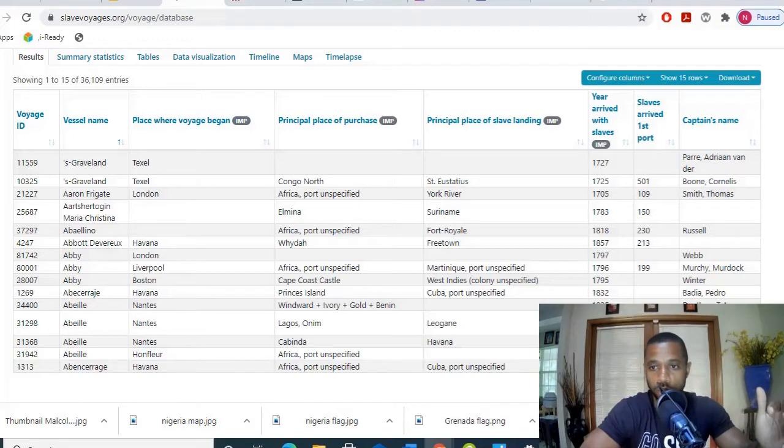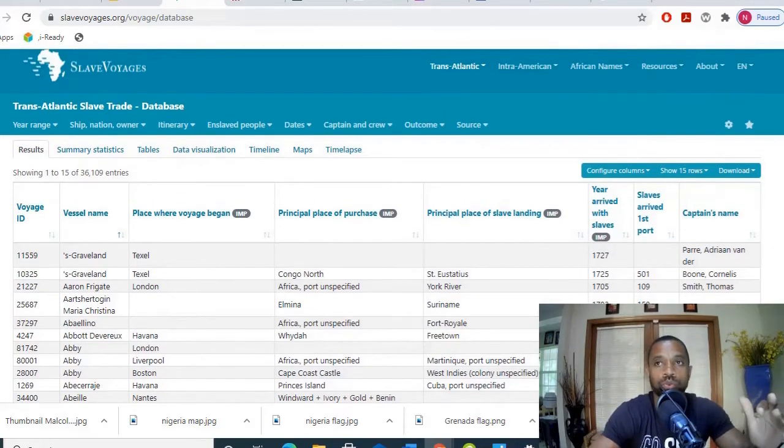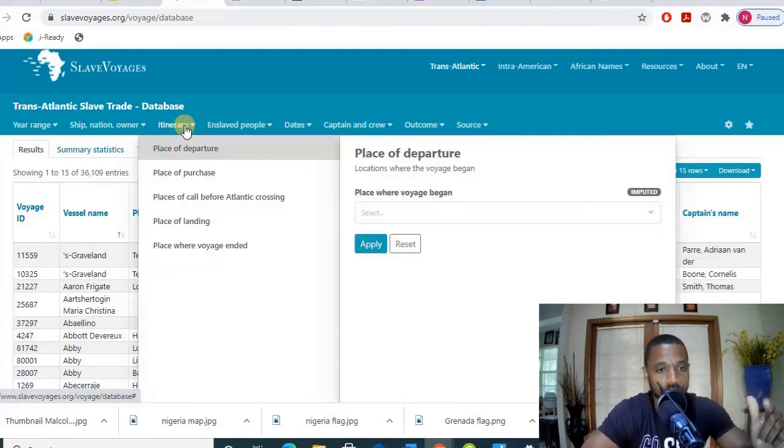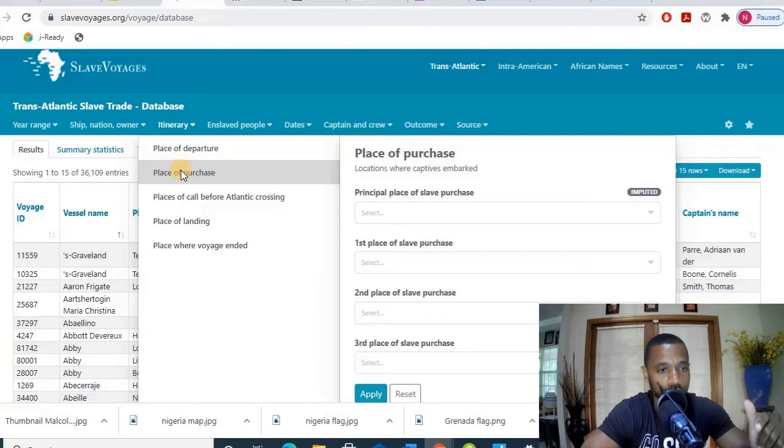So if I want to find out which Africans landed in which ports throughout the Americas, I'm going to go to where it says itinerary and scroll down to where it says place of purchase.